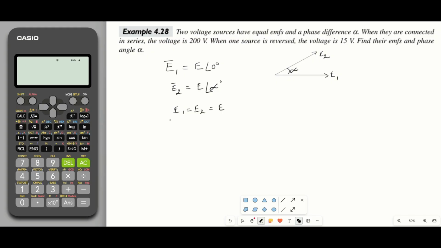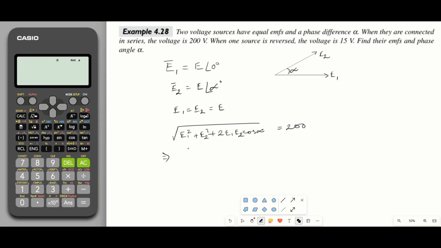So now considering they are connected in series, their voltage is 200 volts. If we calculate that, it will be the square root of E1 square plus E2 square plus 2 times E1 E2 cos alpha, equals 200.